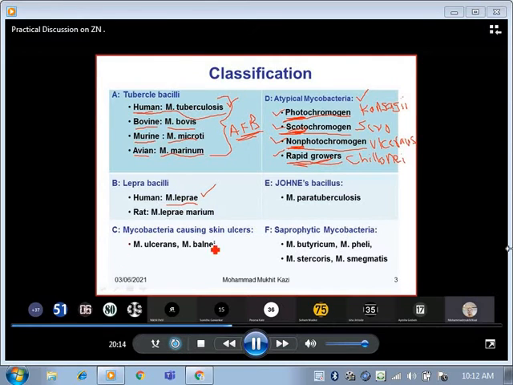Then you have other saprophytic Mycobacteria which can also be written as examples of acid-fast bacilli. That is Mycobacterium butyricum, Mycobacterium phlei, stercoris, and then smegmatis. So all these are examples of acid-fast bacilli.